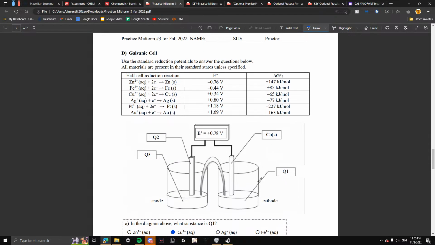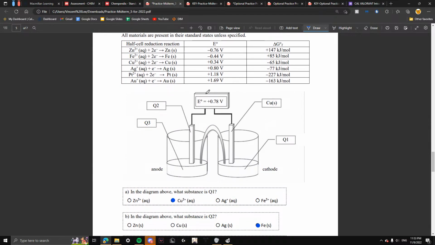Okay. I need to zoom out to do this question. Okay, so it's asking for Q1, Q2, and Q3. The way you solve for that is first you look at this, which is literally cathode minus anode. So we look, oh, Cu is probably the cathode. So we go 0.34 minus whatever the anode is.